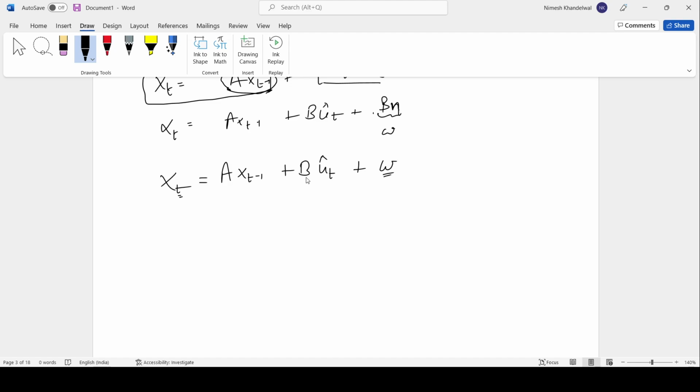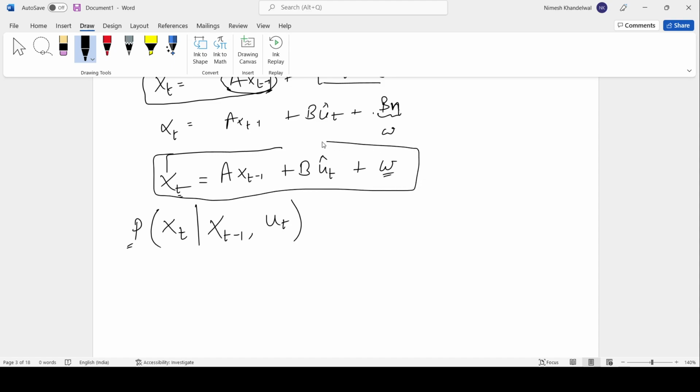So essentially you can only talk in terms of probabilities: what is the probability that I will be at x_t given my previous state and my control. This probability is given by probabilistic motion models like this. It is actually a pretty good probabilistic motion model for linear systems.